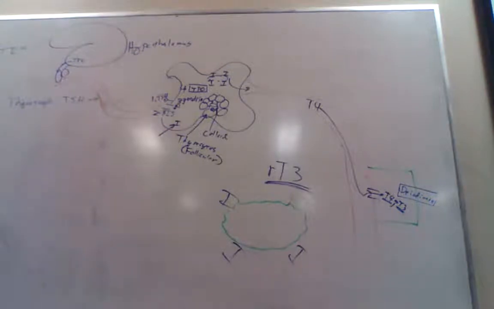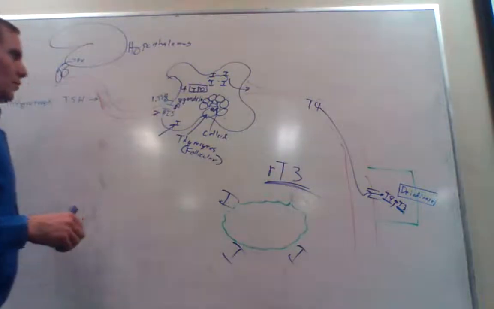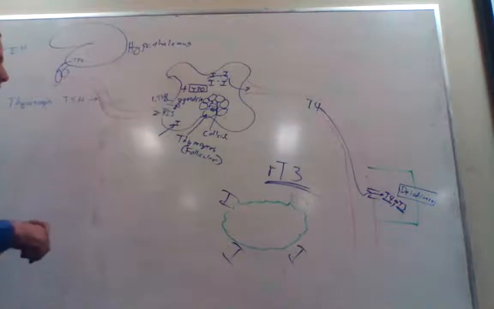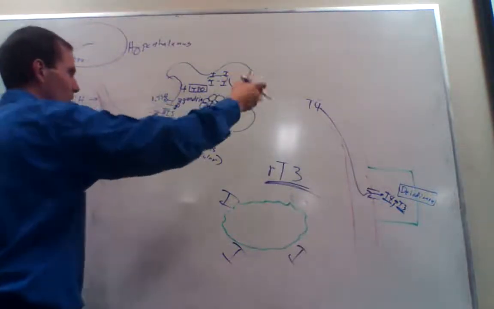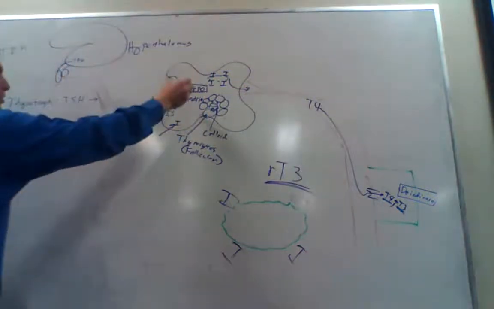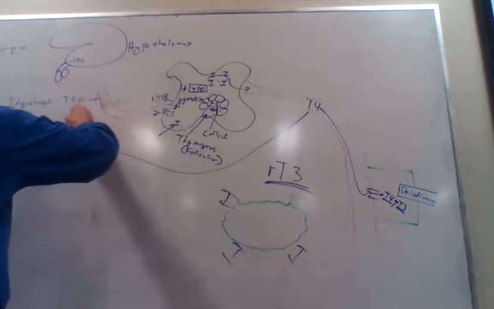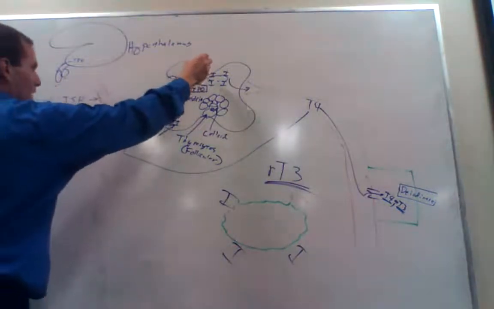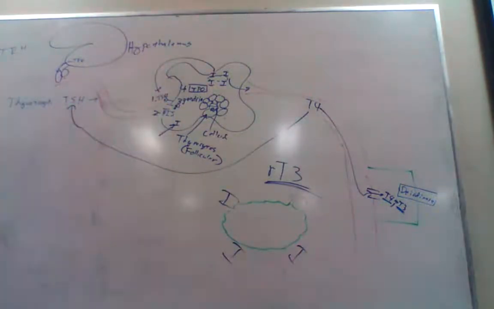And that's going to make it so that you make more T3 and T4, and eventually you're going to have a feedback loop where the thyroid hormone is going to come back and say, yo, we have enough, please turn off everything. And you actually end up with hypothyroid because the feedback loop is strong enough.